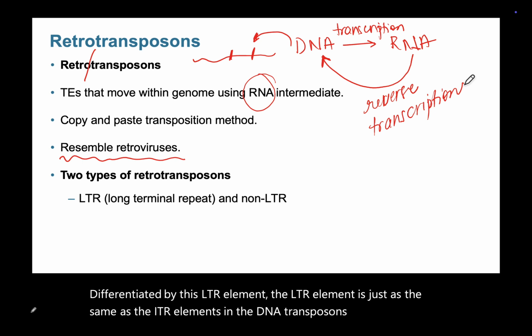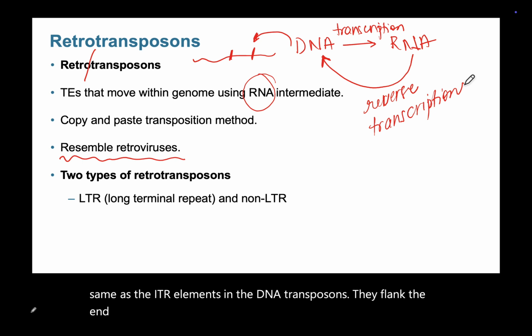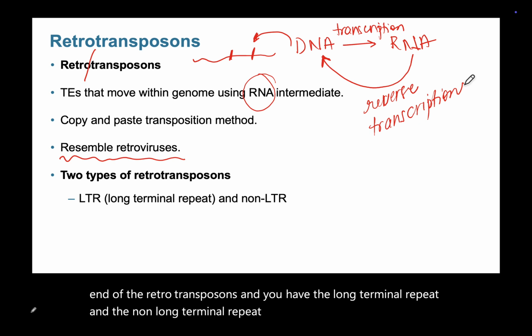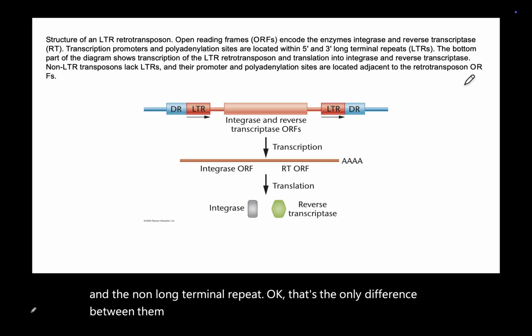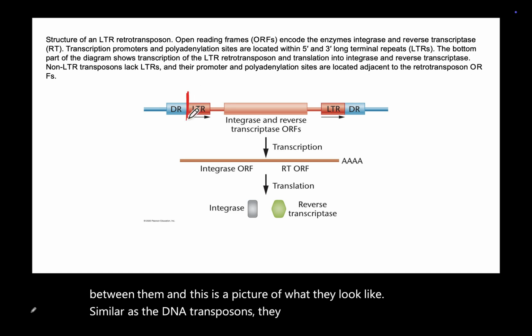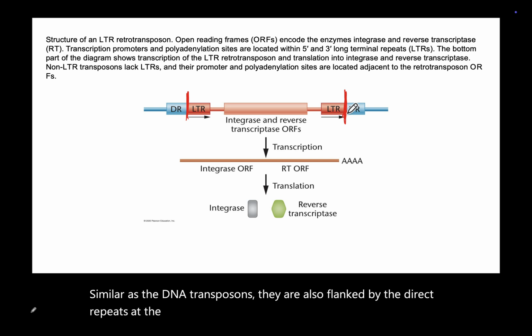They flank the ends of the retrotransposons. And you have the long terminal repeat and the non-long terminal repeat. Okay? That's the only difference between them, and this is a picture of what they look like. Similar to the DNA transposons, they are also flanked by the direct repeats at the end, and they have this LTR region, okay? Right there.